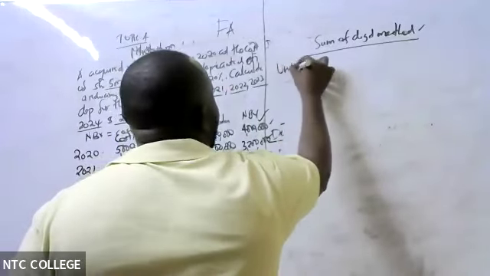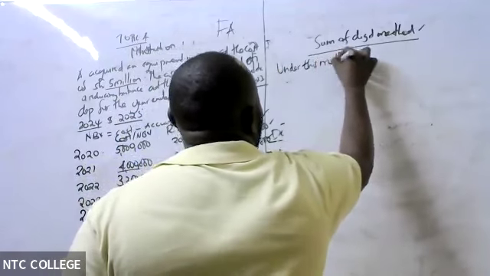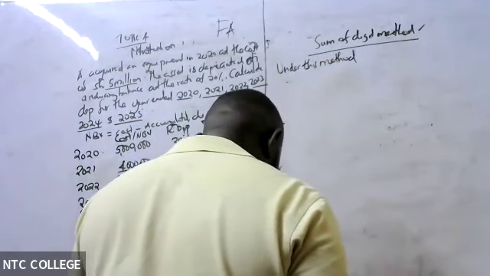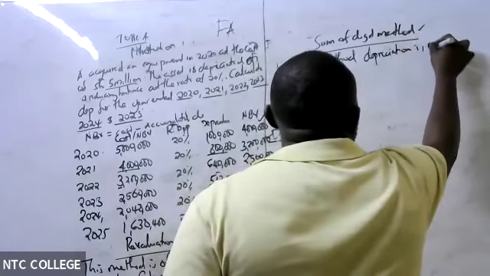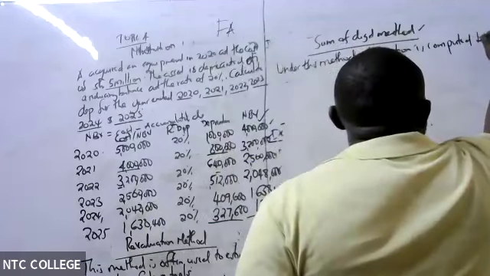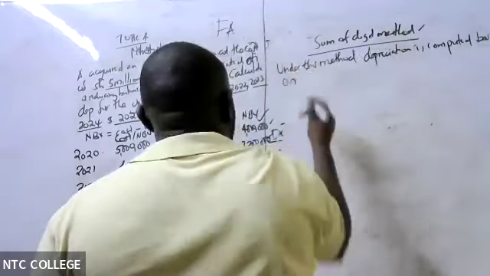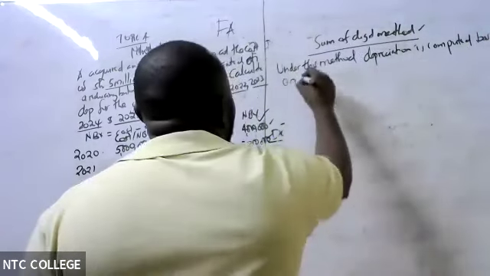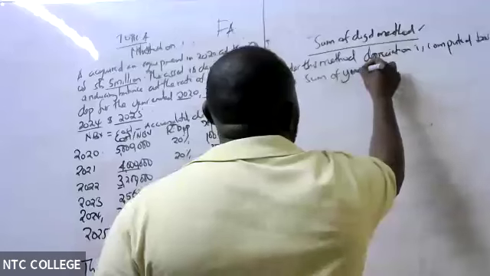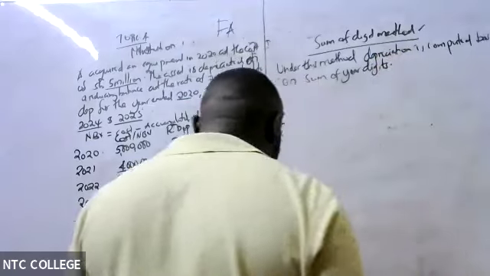Under this method, depreciation is computed based on the sum of the year digits.